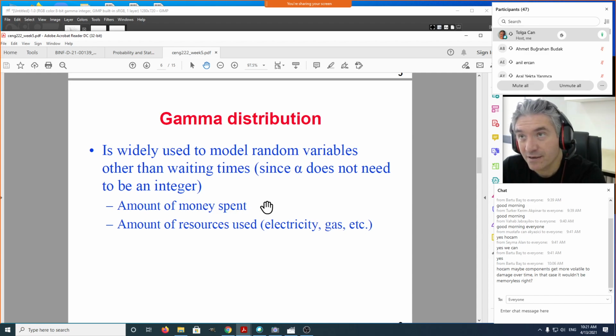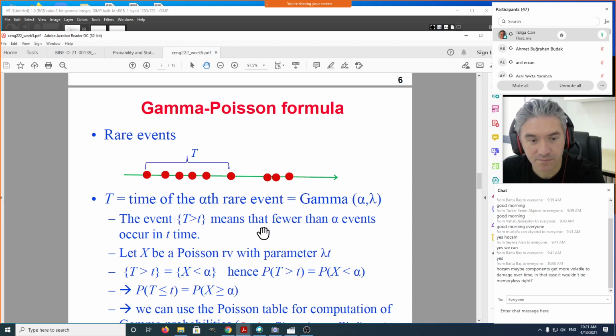In that case, when you think about amount of money spent, you forget about rare events. There are no waiting times. You just treat alpha divided by lambda as the expected value of the money spent. Whatever lambda is and whatever alpha is, you just look at the expected value as the average money spent for this random variable.